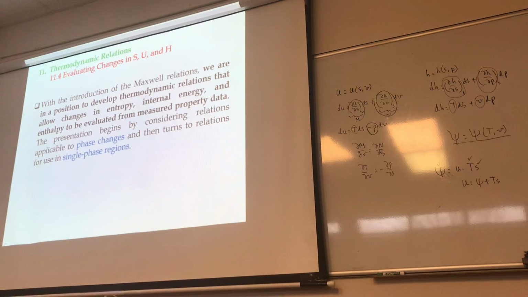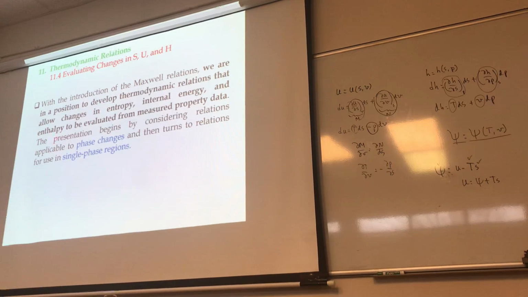Here we go. Almost there. With the introduction of Maxwell's relations, we are now in a position to develop thermodynamic relations that allow changes in entropy, internal energy, and enthalpy to be evaluated from measured property data.